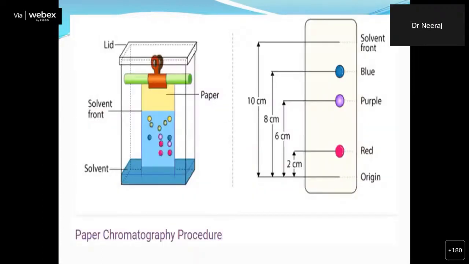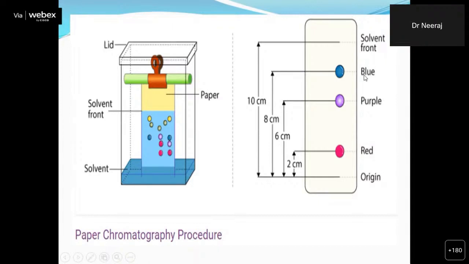Again showing this diagram: the non-polar compound goes upward and covers more distance. So blue is non-polar and red is polar. Purple is more polar than blue, and red is more polar than purple. Or you can say purple is more non-polar than red, and blue is the most non-polar.